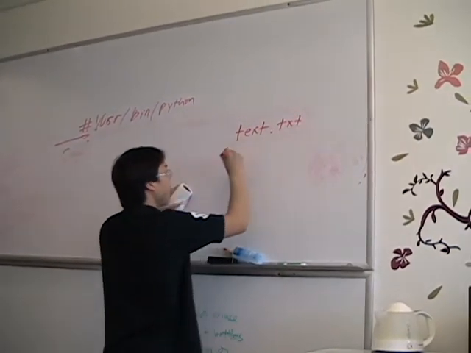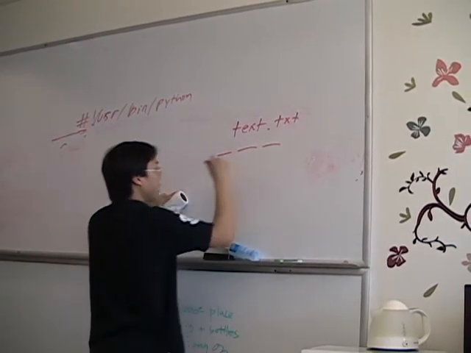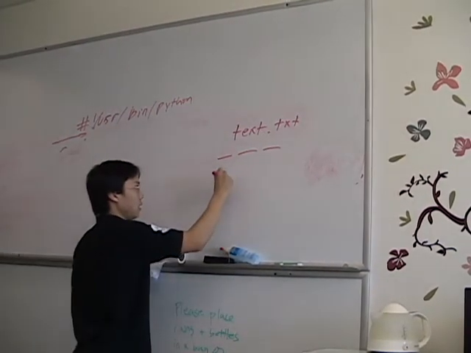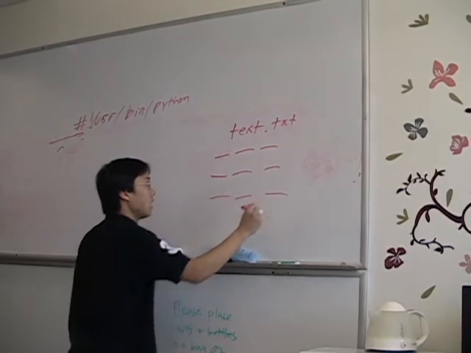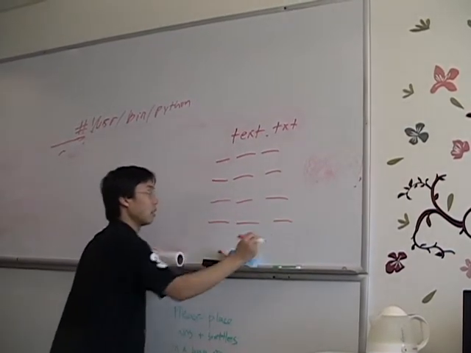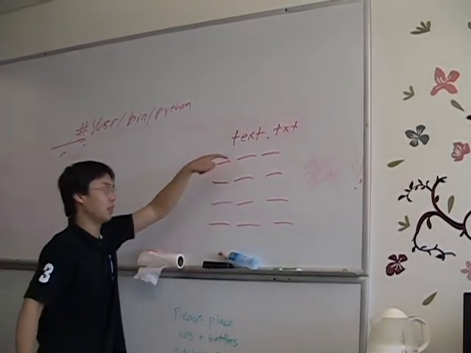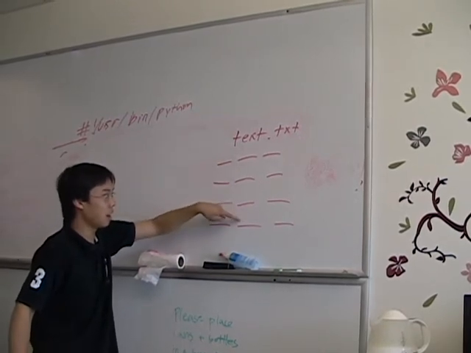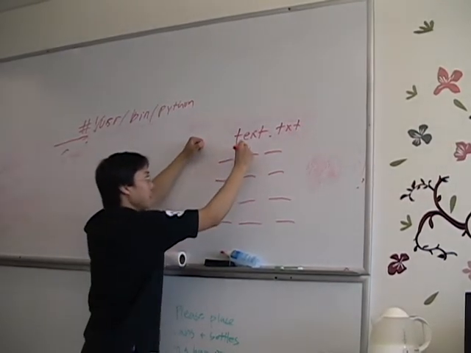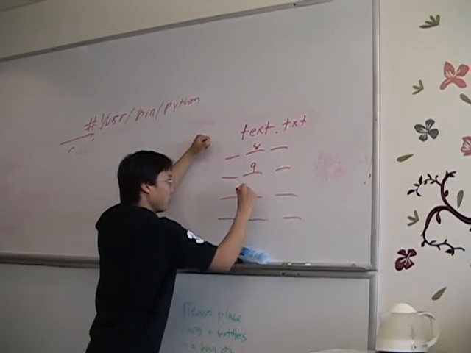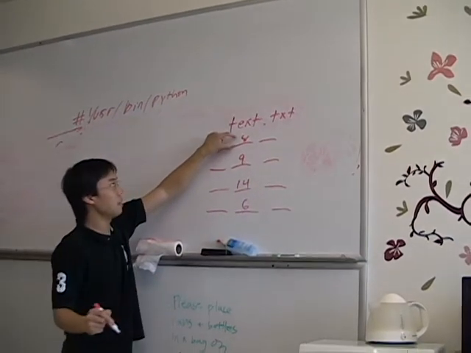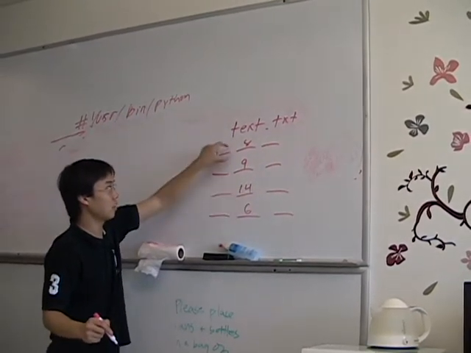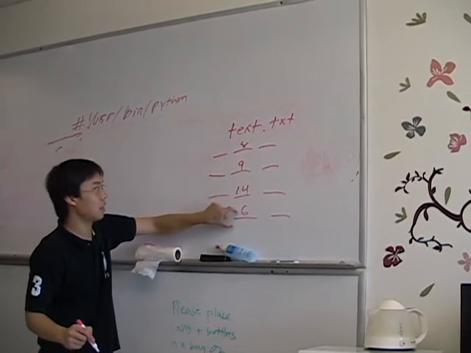I have a text file that has 3 columns. And Eric wants me to multiply the numbers in this column, let's say 14, 6. He wants me to multiply each of these columns by 3.